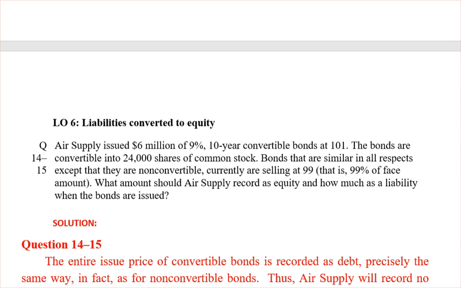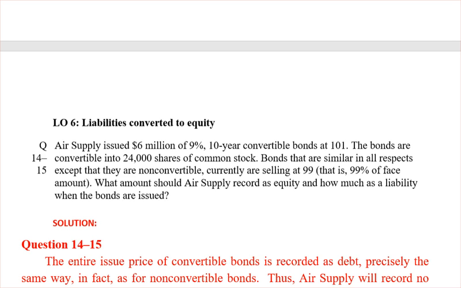And the bonds are convertible into bonds that are similar in all except that they are non-convertible, currently are selling at 99. What should they record of equity and how much as a liability when they are issued?